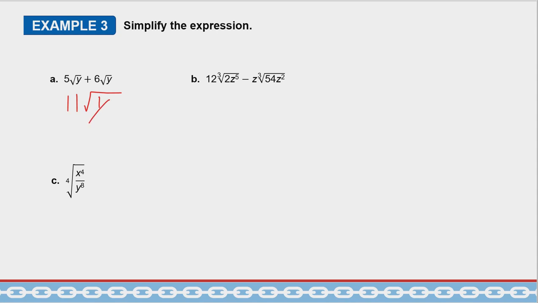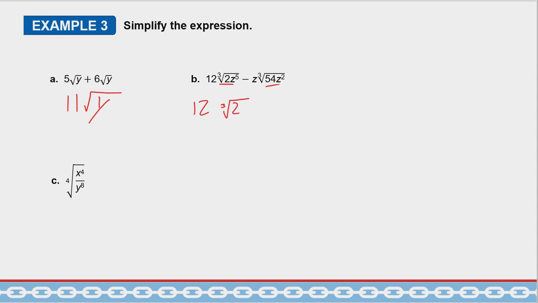For part B, I have 12 times the third root of 2z to the 5th minus z times the third root of 54z squared. So what I need to do is simplify these radicals. To do that, the 12 is going to stay, and the cubic root of the 2 is going to stay.